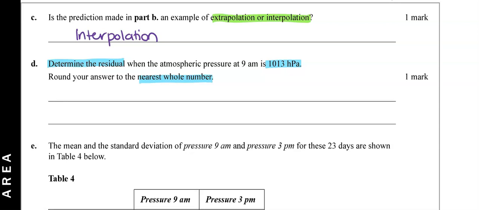Remember, when you are looking at residuals, you need to know what is the actual RV or Y value and a predicted RV or Y value. We have been given a point of reference on our EV, the 9 a.m., being 1013. So firstly, let's find our predicted 3 p.m. value.